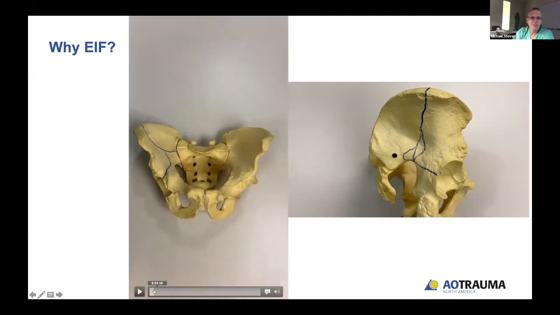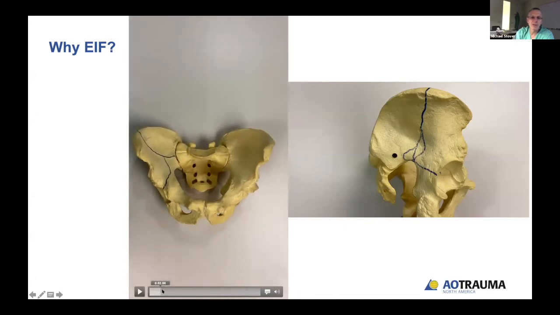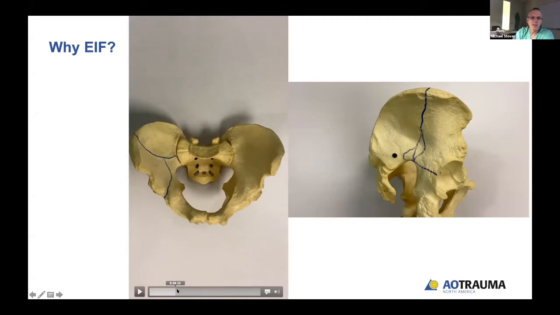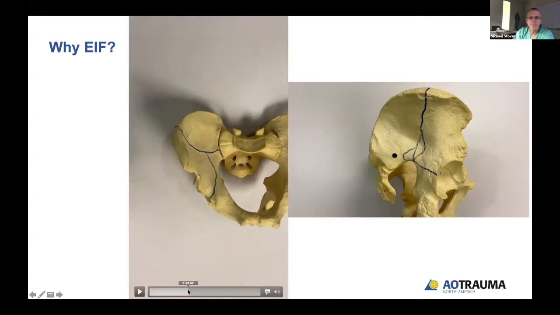And if you look at the bone here, this would be your visualization on the internal aspect of the pelvis.